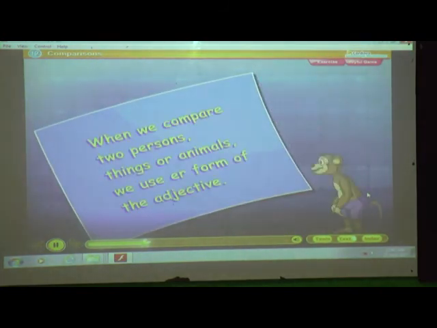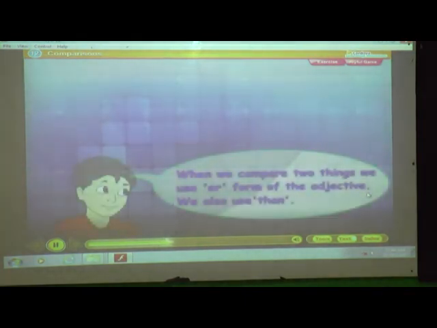When we compare two persons, things or animals, we use ER form of the adjective. Examples: taller, smaller, larger. When we compare two things, we use ER, form of the adjective.